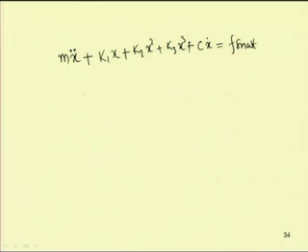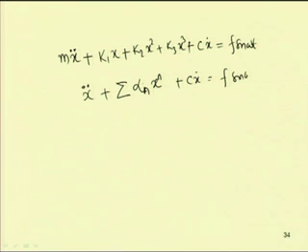This equation can also be written in the generalized form: x double dot plus summation of alpha n into x to the power n plus c x dot equal to f sin ωt.